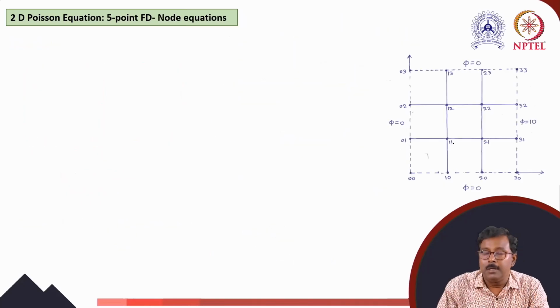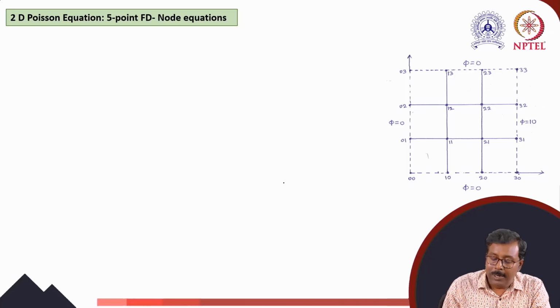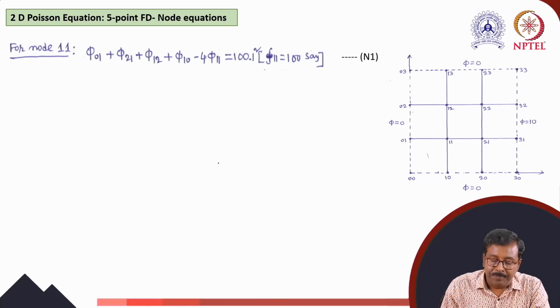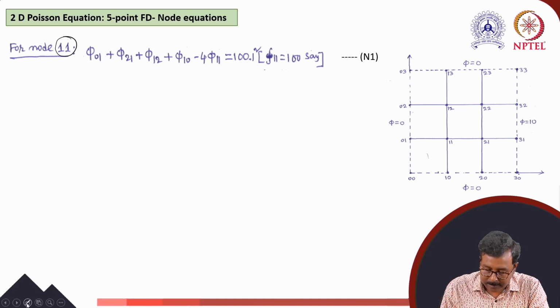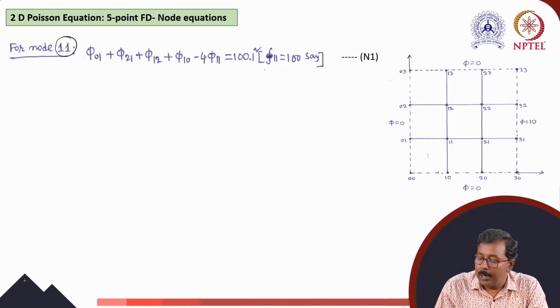Now this node is reproduced here for writing the node equations. How can we write it? First, let us write the node equation for node 1 1. What is the differentiation at 1 1?